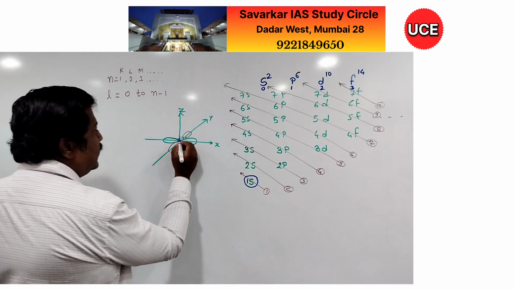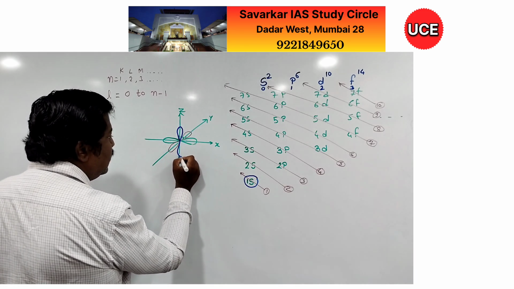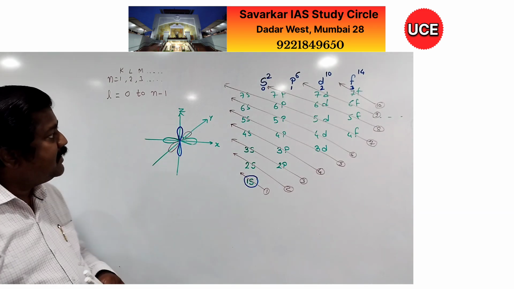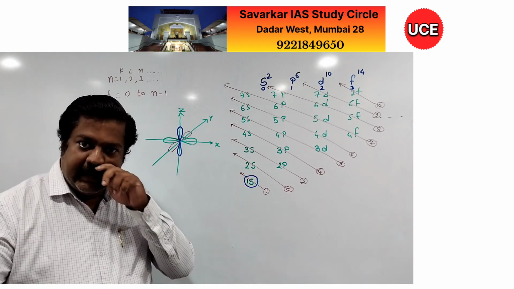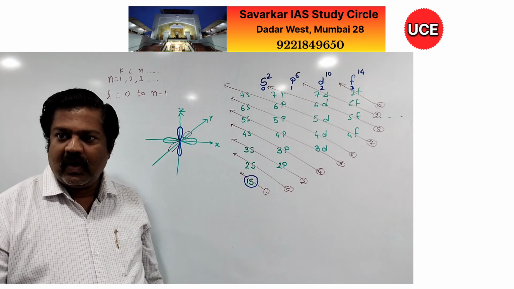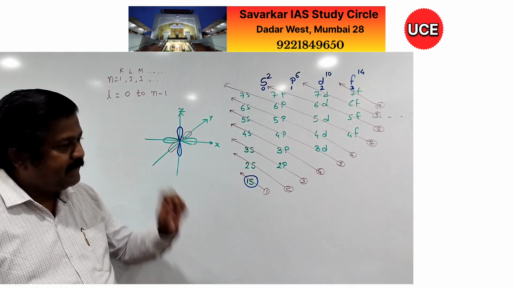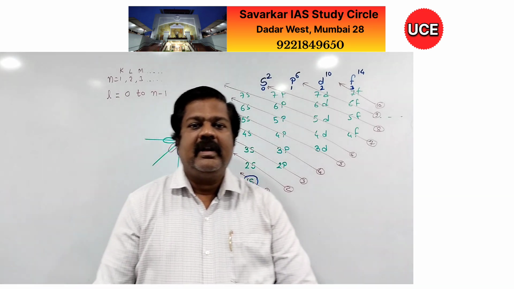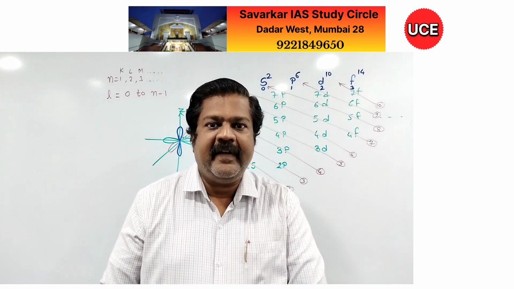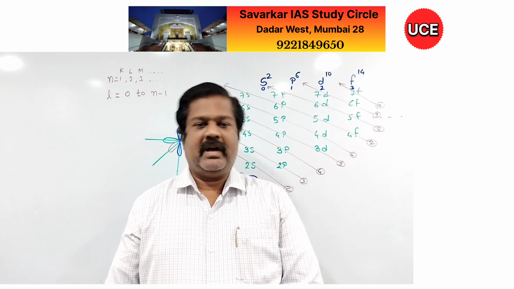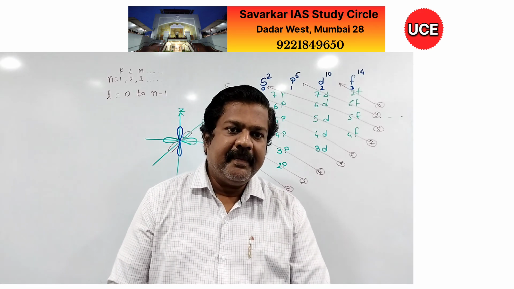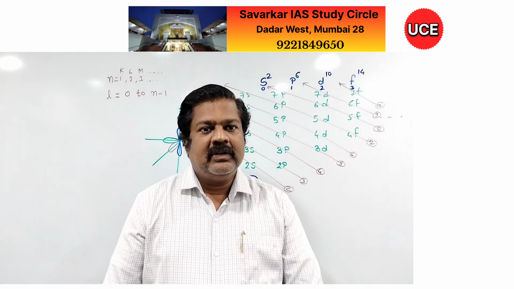And if electron density is distributed equally in this direction, dumbbell shape, towards the z-axis, then it is called the pz orbital. So this is px, py, pz. This is in order to account for the Zeeman effect, Stark effect, all that. So this way the shapes of orbitals are there.